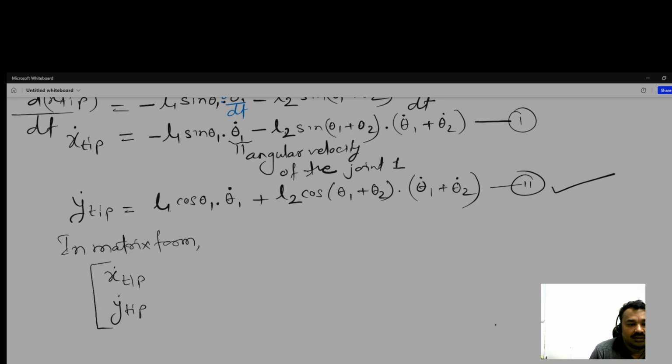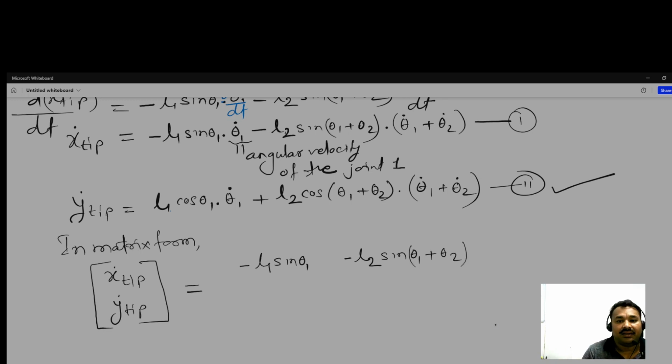So this matrix is equal to L1, minus L1 sine theta 1, and here minus L2 sine theta 1 plus theta 2.